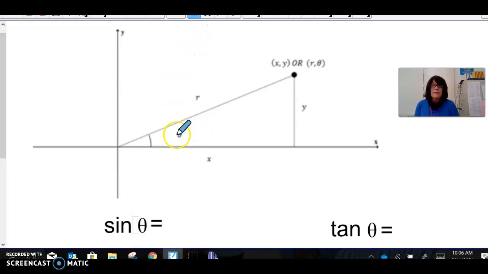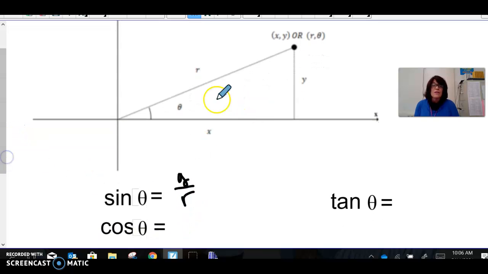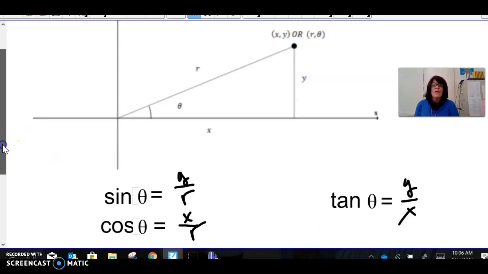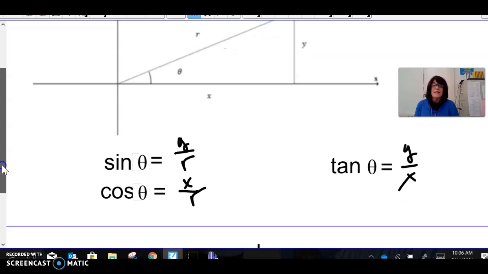Sine of theta. Let's go back to geometry. Opposite over hypotenuse. In trig class, we called it y over r as well. Cosine, adjacent over hypotenuse, x over r. Tangent, opposite over adjacent, y over x.